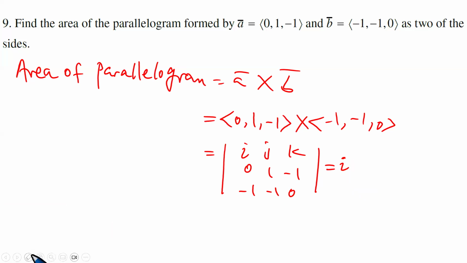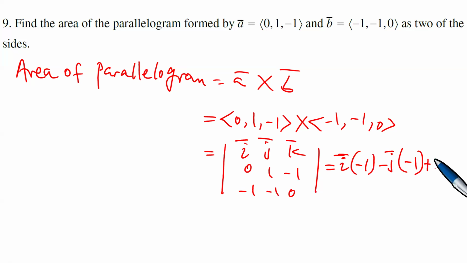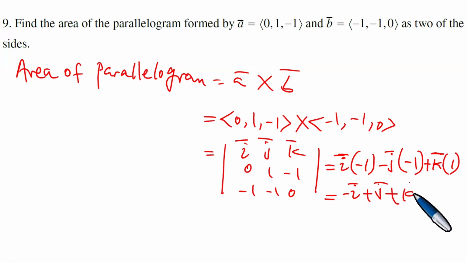So now you multiply these and you get a minus 1 minus J, and then you get a minus 1 plus K. You get exactly a 1. So this would be minus vector I plus J plus unit vector K. Okay, this is what we're getting.